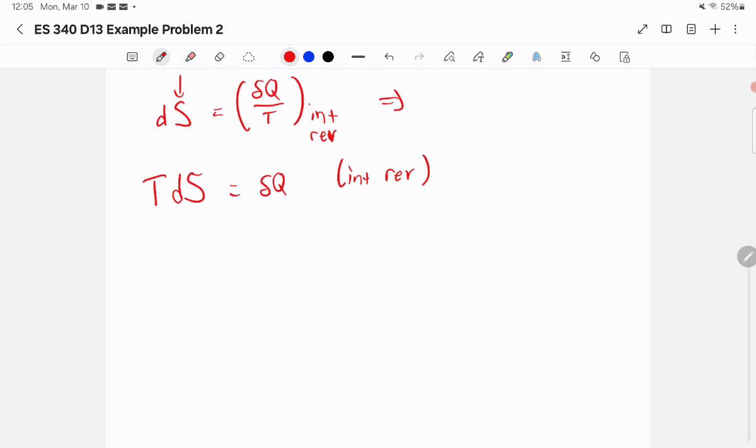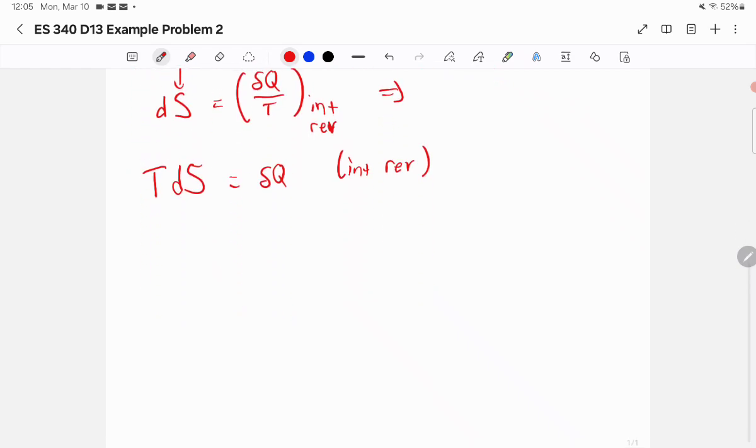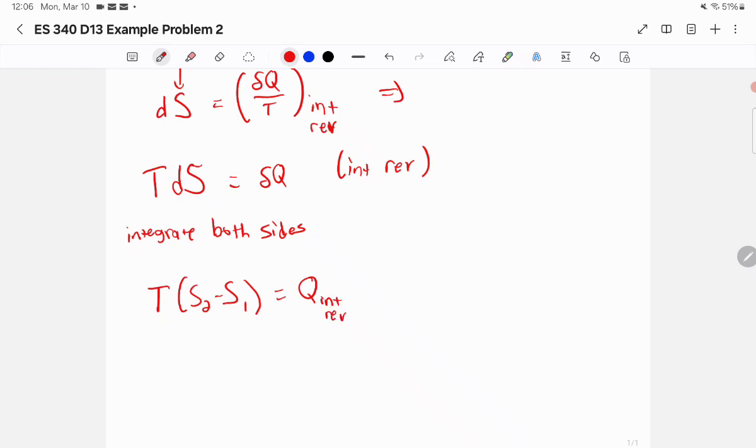Okay, so if I integrate both sides, what I find is T times S2 minus S1, these are still capital S's, is going to be equal to the Q of the internally reversible process.